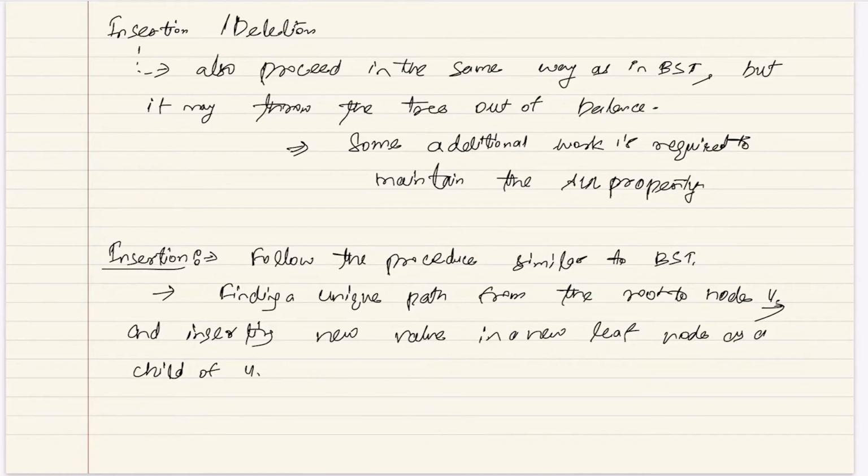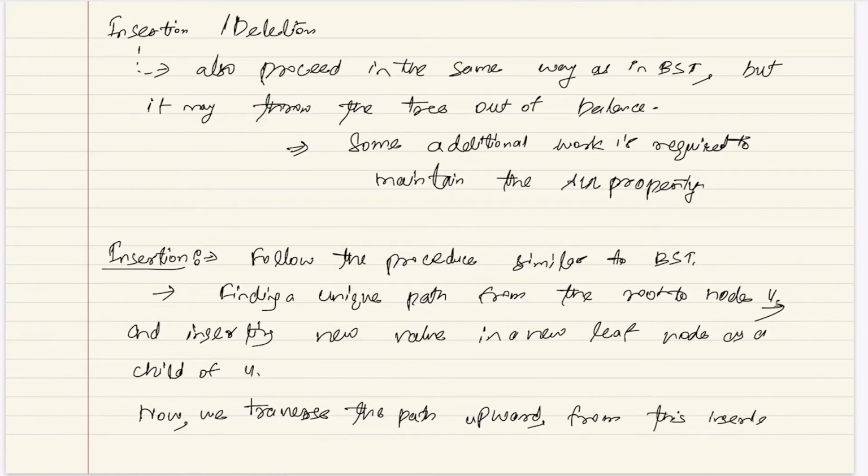So now we traverse the path upward from this inserted leaf node to the root, and we adjust the balance factors.